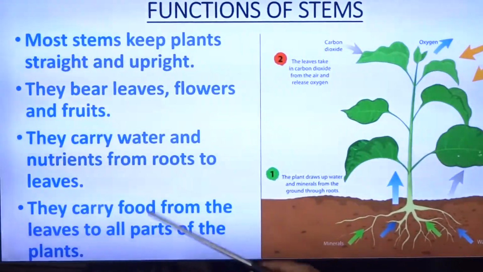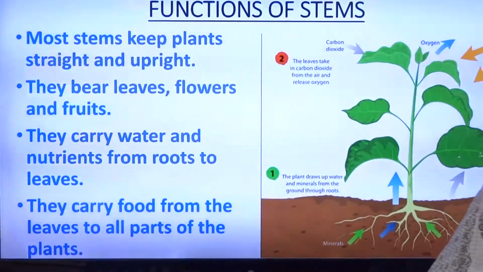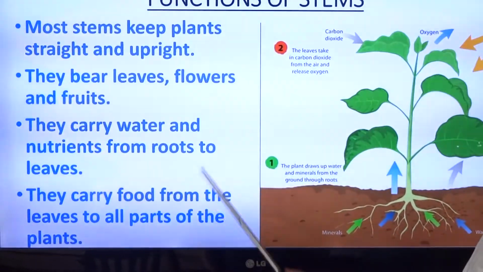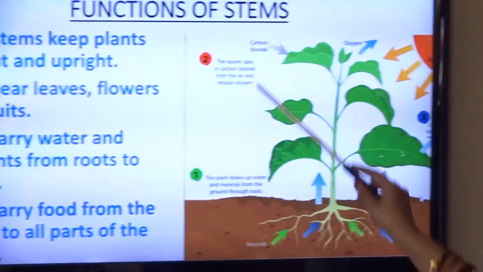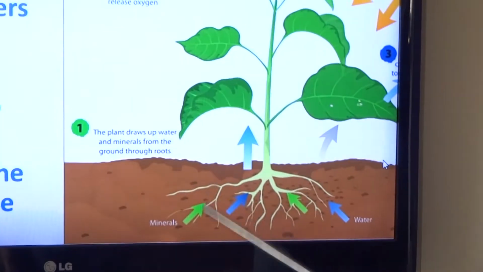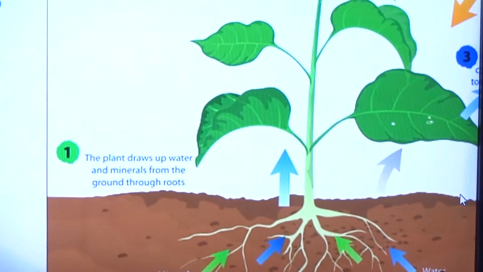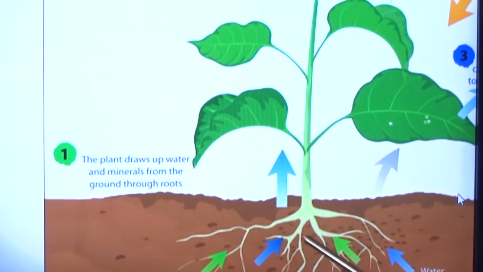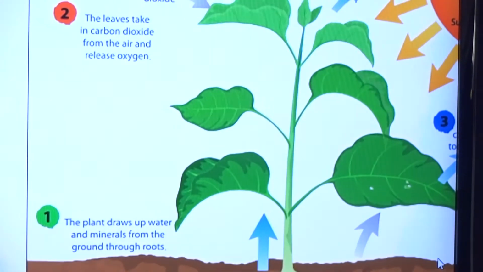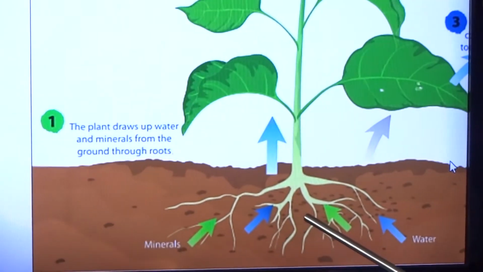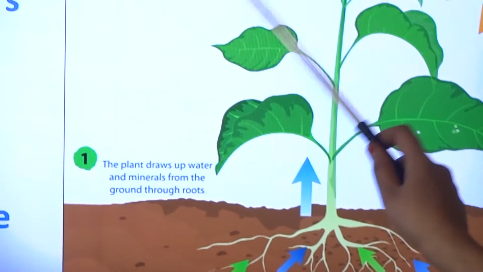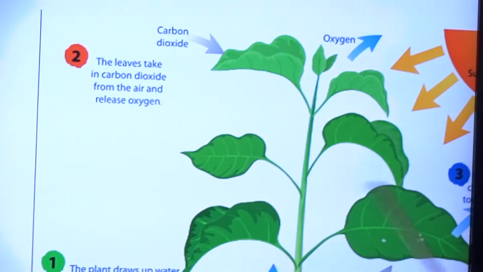They carry food from the leaves to all parts of the plants. You see in the picture, you can see water and minerals are going into the plant through the roots, and leaves are doing their functions.